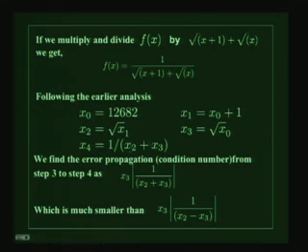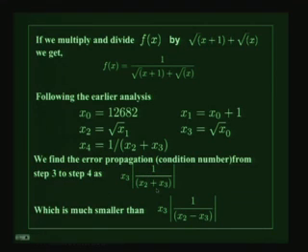Then we write the condition number as x3 multiplied by f prime, that is the derivative of this function with respect to x3, divided by the function. If you use this function instead of root of x plus 1 minus root x, the condition number will turn out to be x3 in mod of 1 by x2 plus x3.